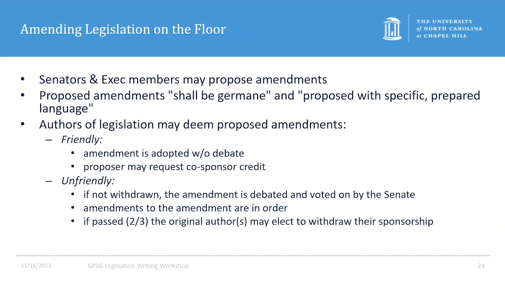And then once they've proposed that, the original author can either choose to make it a friendly amendment, meaning, heck yeah, you can add that, it's fine with me. We don't have to talk about that anymore, and they can make that change. Or it could be an unfriendly amendment, which means that in order for that amendment to be added to the bill, we have to vote as a group.